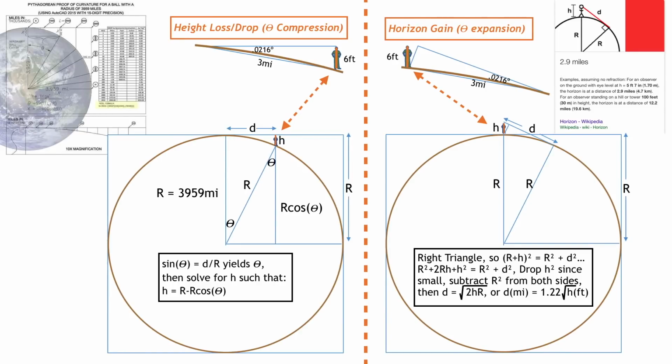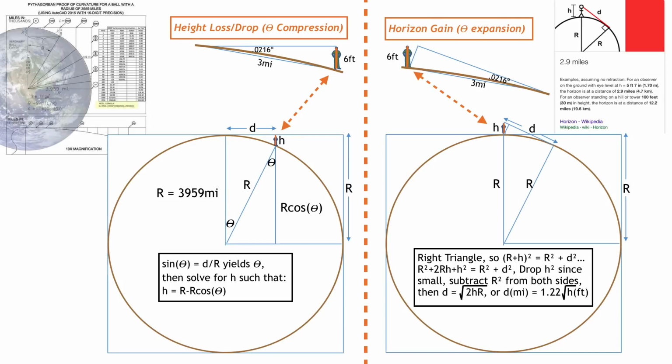So we can then extrapolate these 2 triangles to a greater circle again, and calculate out for a circle what we would have as a height loss or drop, which is again just the theta compression, or the horizon gain using trigonometry, which is again the theta expansion.